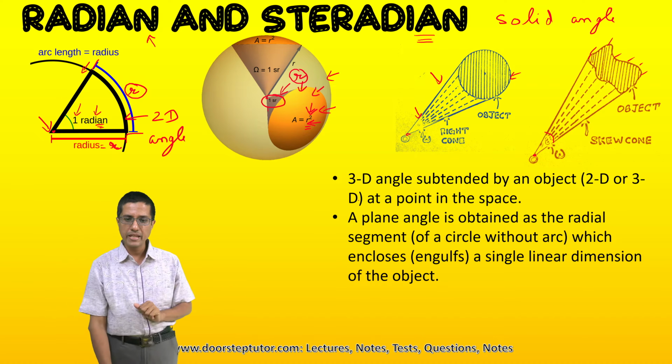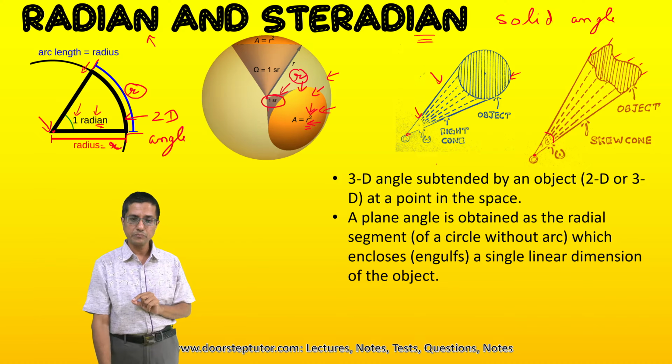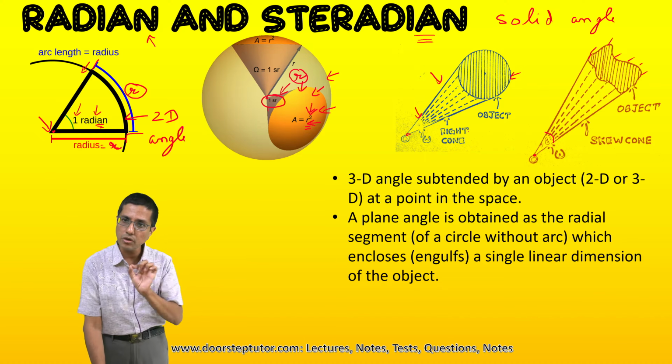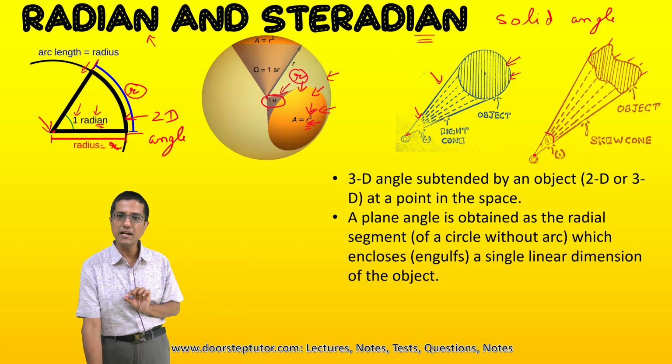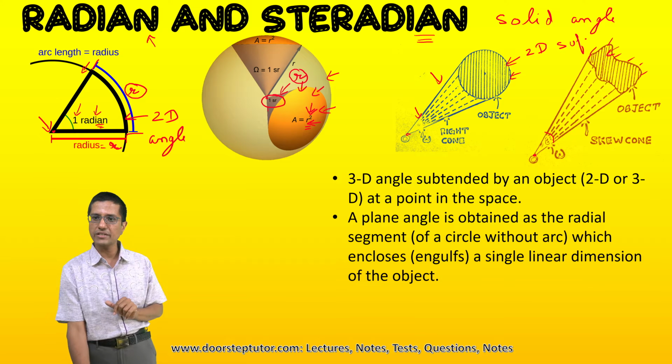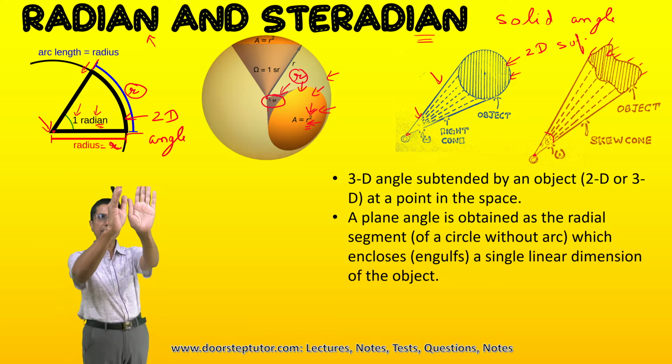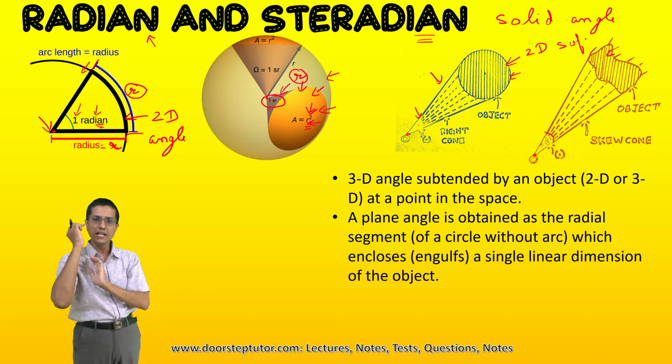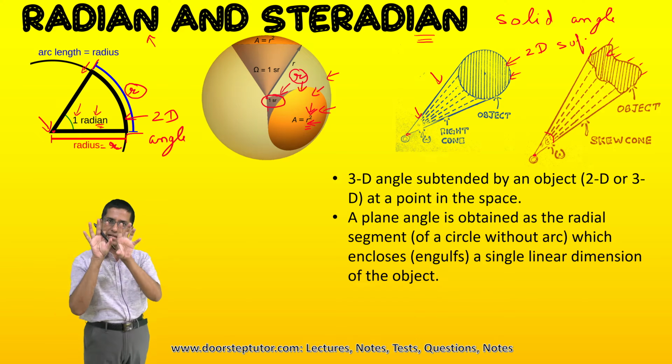Okay, so for any object we can form a solid angle if we go backwards in a conical fashion, if we converge that object to a point. That's one thing. The second important thing is that to form a solid angle, I necessarily need a two-dimensional surface. This can be a two-dimensional surface, or it can be a three-dimensional object. For a three-dimensional object also, I can converge the light rays from there to a point and create a solid angle.